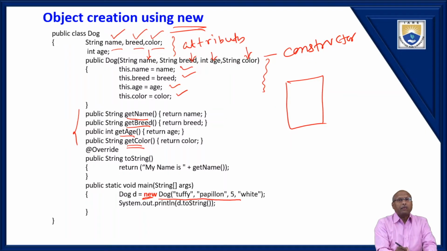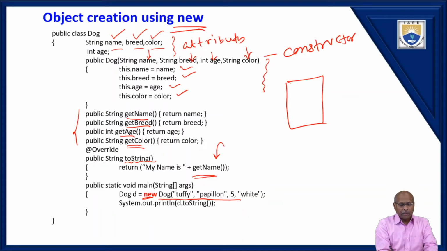And whenever you want to print the object, then you have to override a method called toString method. The toString method will allow you to print the object. If you want to print the object directly, you can write like this: return "my name is" plus the name of the object. Whatever the name you have assigned, that name will be returned.